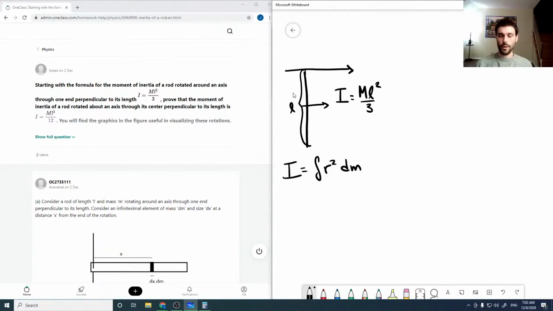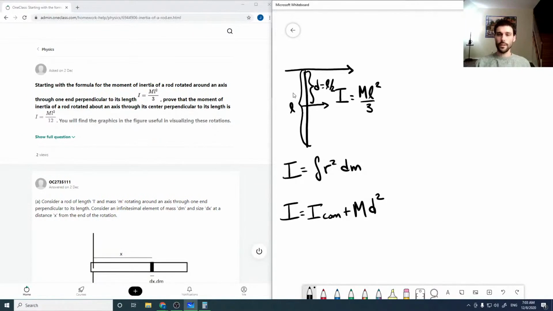So armed with the moment of inertia about its center of mass, so that would be the middle, we can find the moment of inertia about any other axis system by just adding md squared, where d here is whatever distance we're moving in. So in this case, our d would be L over 2.